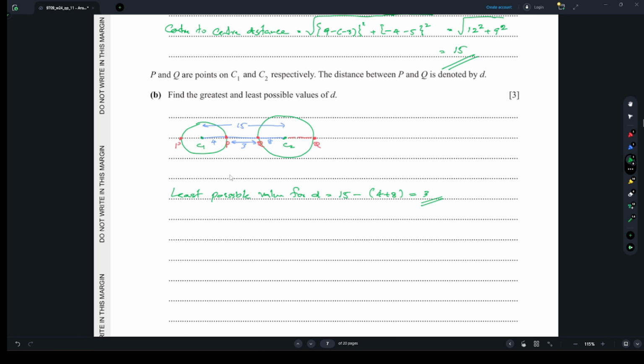And then the greatest possible value for D is the center to center distance 15 plus you have to add another 2 radiuses, so 4 plus, from the other side, 8, which is 27. Okay, so that is the answer for this question.